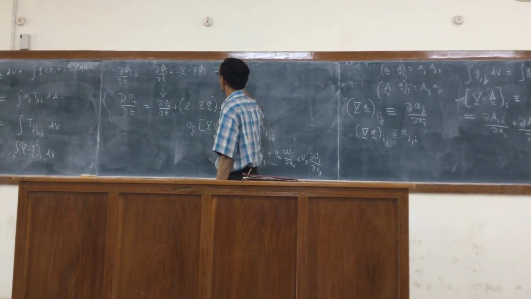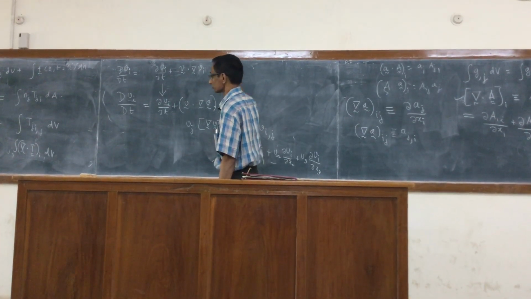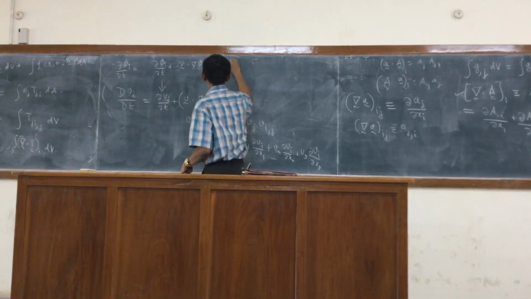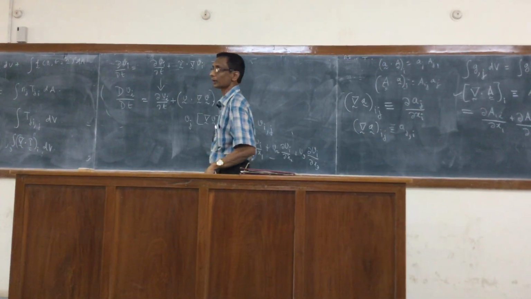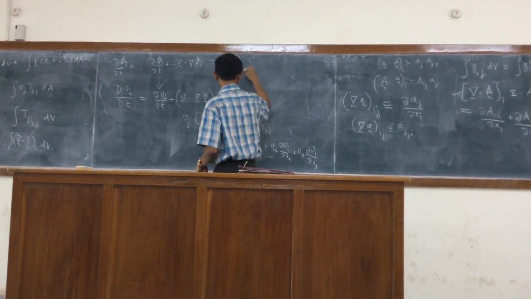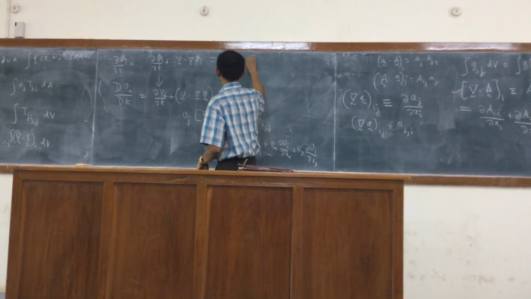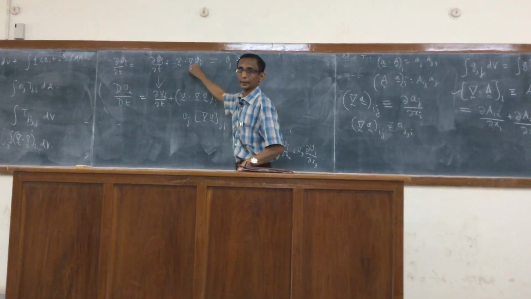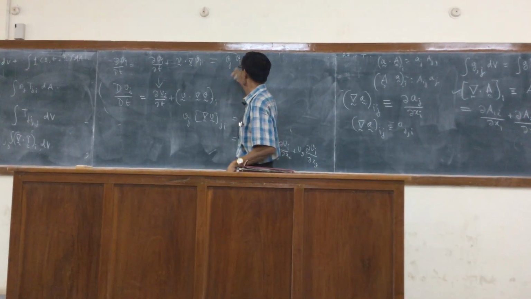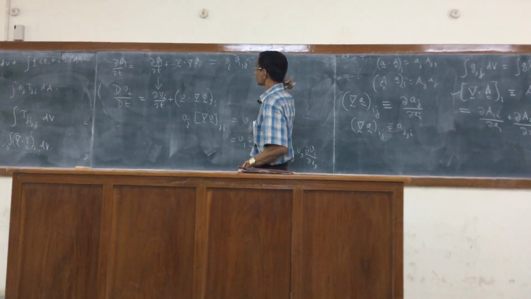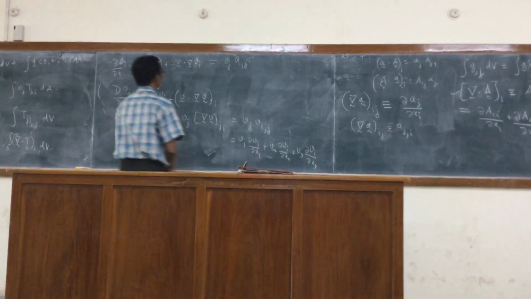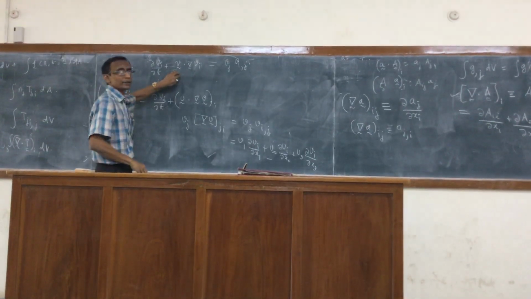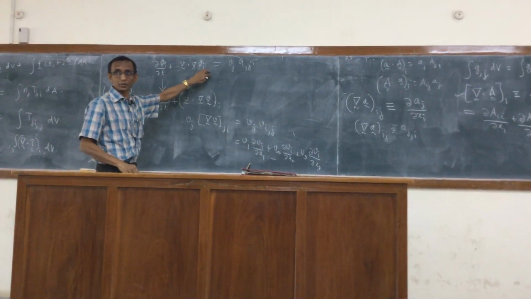So that would be Bj, Bi comma j. Because I'm choosing j as the summation index, I cannot choose i.